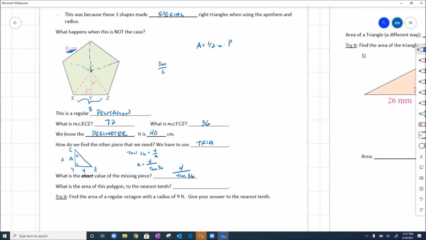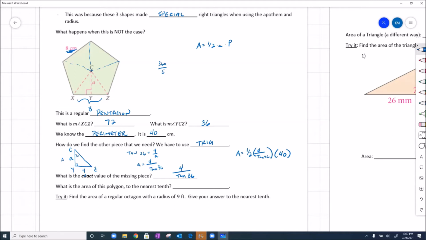Now that we know that, it says what's the area of this polygon to the nearest 10th? We can plug that all into our formula. Area equals 1/2 the apothem, which is 4 over tangent 36, times the perimeter, which is 40. Doing that in my calculator, 4 divided by tangent 36 gives me some number like 5.5, but I'm just going to leave that whole value in the calculator.